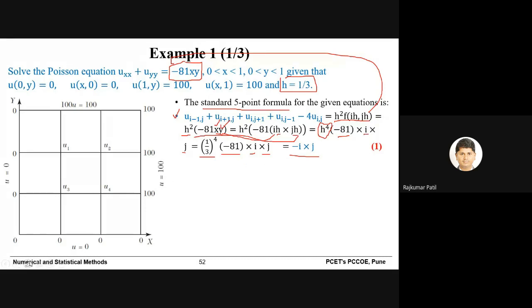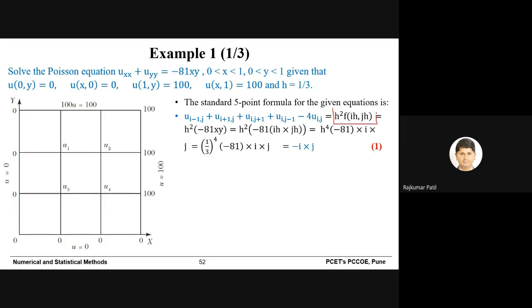So we can say that when you put the values in the 5-point formula, especially the part which is on the right side of the equal to sign, and upon simplification, you will get minus i into j on the right side.